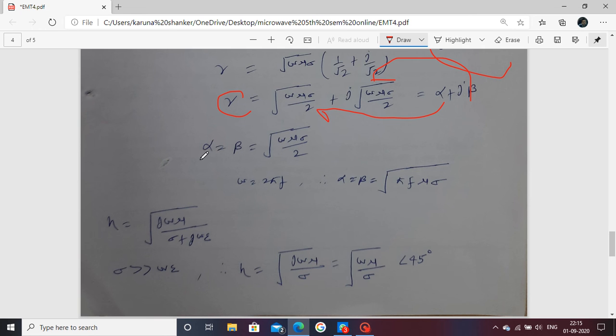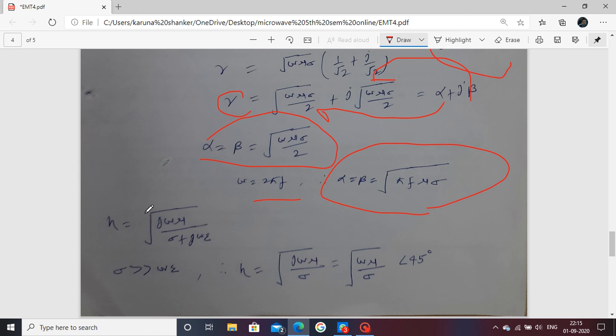Both values are equal, so we write alpha equal to beta equal to the square root of omega mu sigma by 2. Now omega is equal to 2 pi f. Put it here, the 2 cancels out, and alpha is equal to beta in this form.